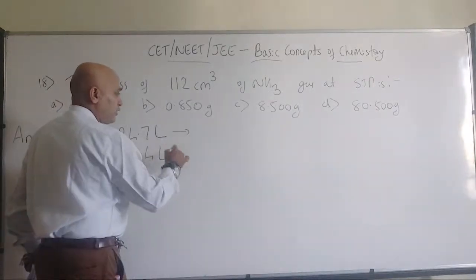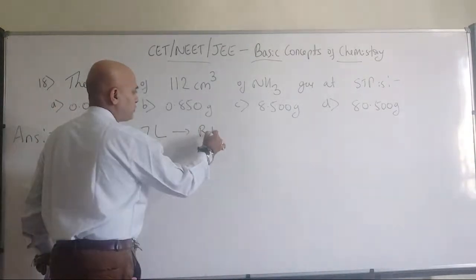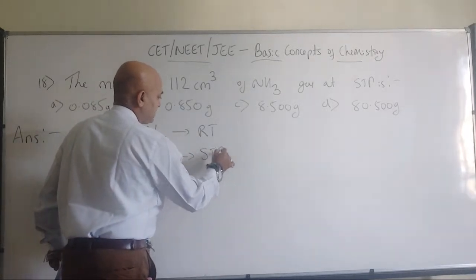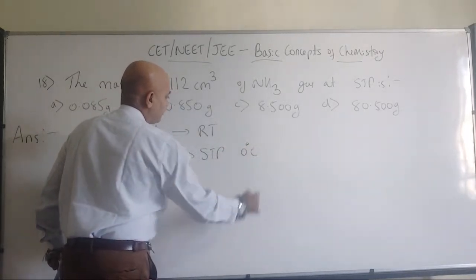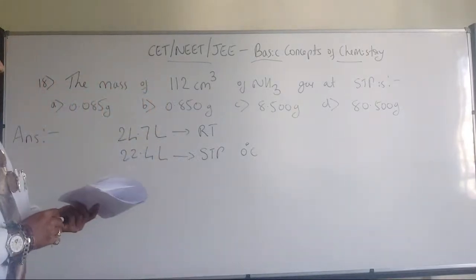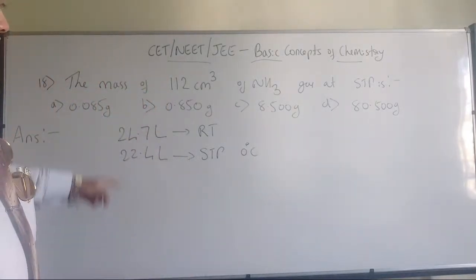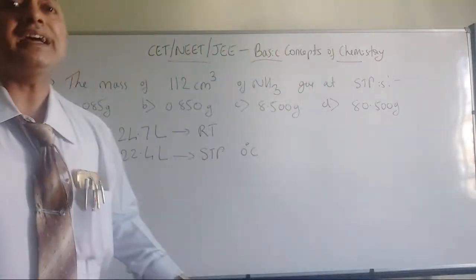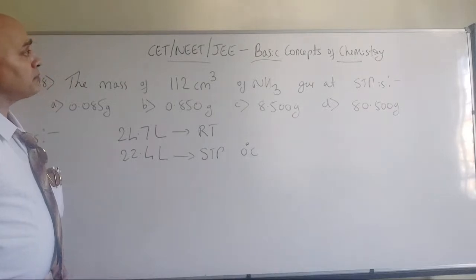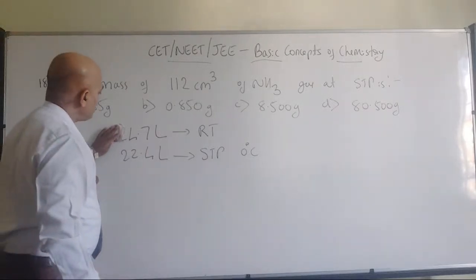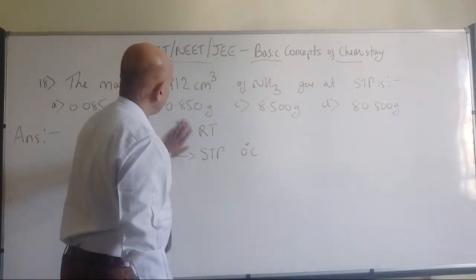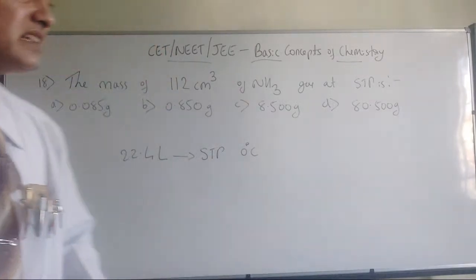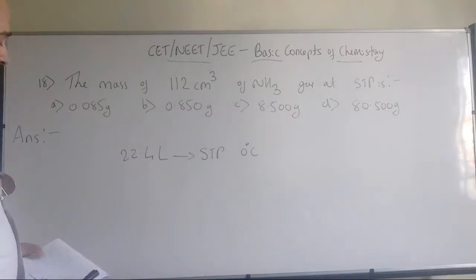This molar volume is meant for the room temperature, and this is molar volume at STP, where it will be 0 degrees Celsius. So we have to apply the suitable molar volume value. Since they have talked about STP, we have to consider the second one, not the first one. We will consider the second one, that is 22.4 liters.